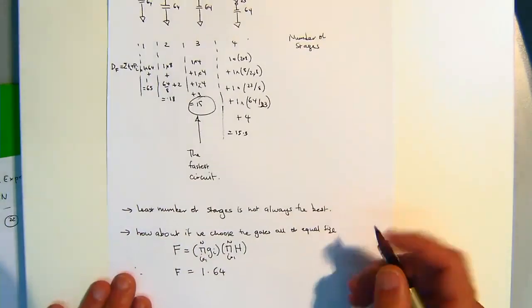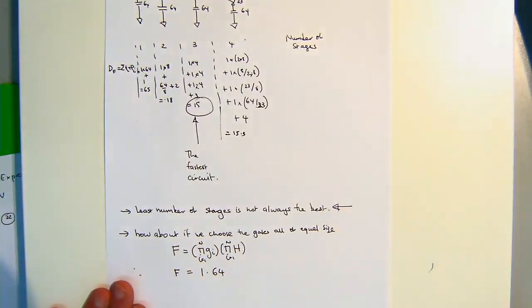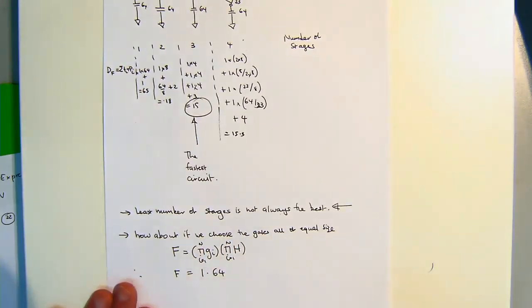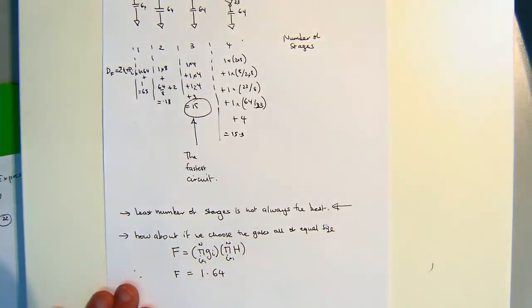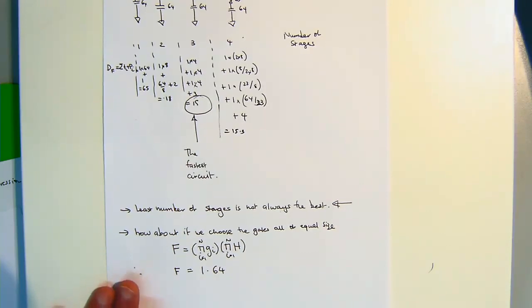And the important thing is, the smallest number of stages isn't always the best, and that's important because in many cases it's counterintuitive. After you've looked at it a few times, you're like, oh yeah, of course. You can almost think of it like gears on your bike.